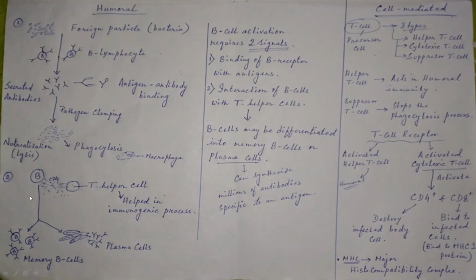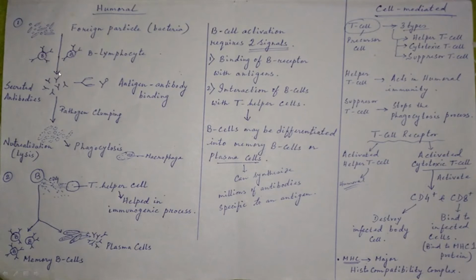Okay, now in the second step what happens? B cell activation requires two signals. What are the two signals? Binding of B receptor with antigen. Here the binding of the B receptor with the antigens takes place.